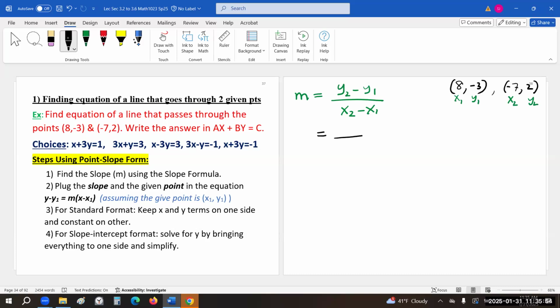That means what do you have? What over what? Sorry, what minus what? 2 minus negative 3. Perfect. 1 minus is from this formula, and another minus is from y1. And we divide by what minus what?